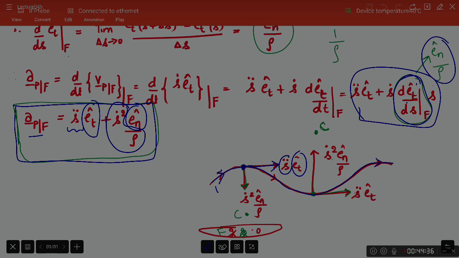So there is a component of acceleration s double dot in the Et direction, and then there must be a component of acceleration along the En direction, and that component will have magnitude s dot square by rho. At a later time instant, when the particle is here, it must be having an acceleration s double dot Et in the tangential direction, and then another component s dot square by rho along the En direction, which in this case will be pointing upwards. Here En was pointing downwards, as seen by this man.